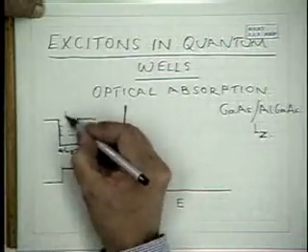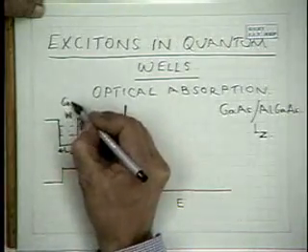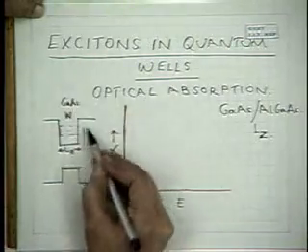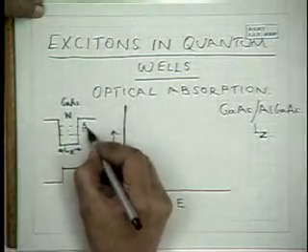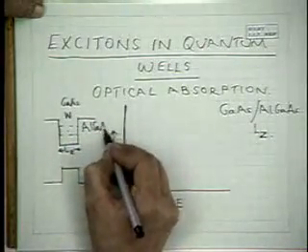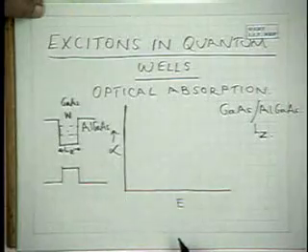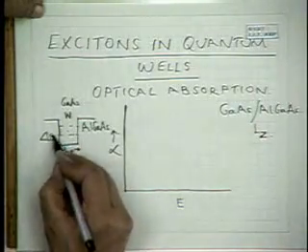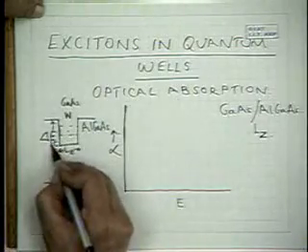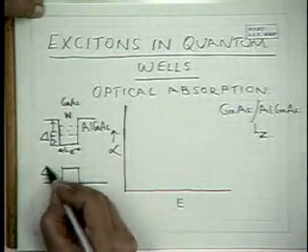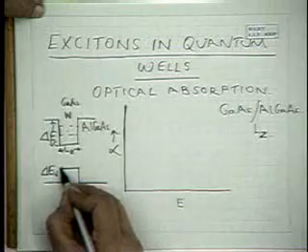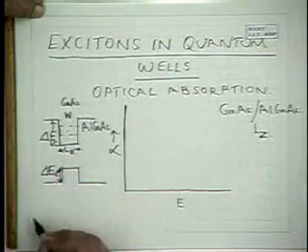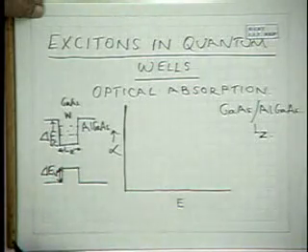This well is made of gallium arsenide and the barrier is AlGaAs. And the well height is delta EC, the conduction band discontinuity, and the well height in the valence band is delta EV.